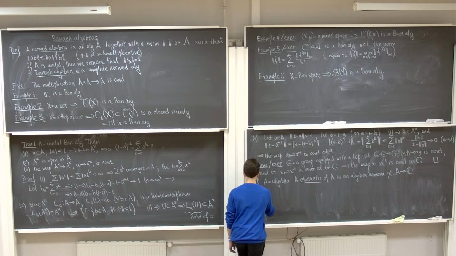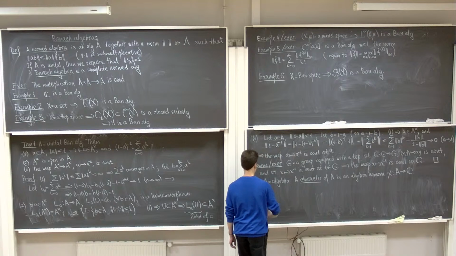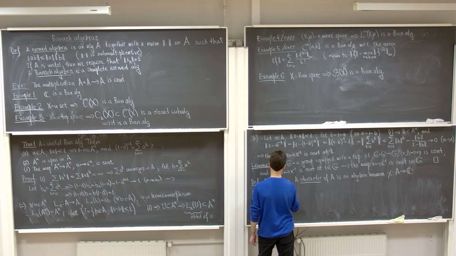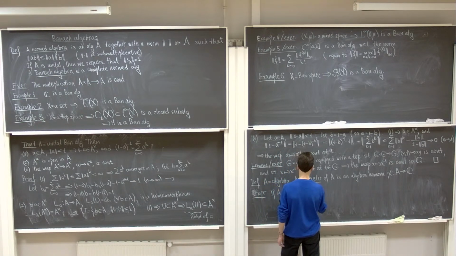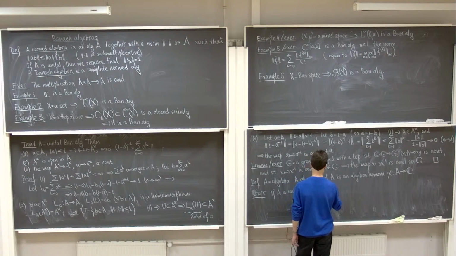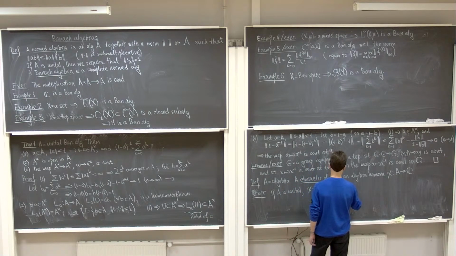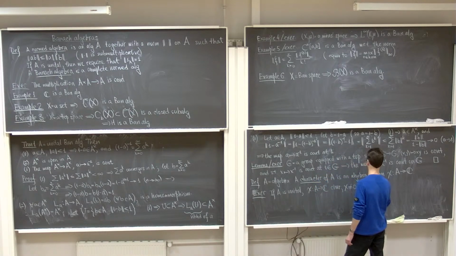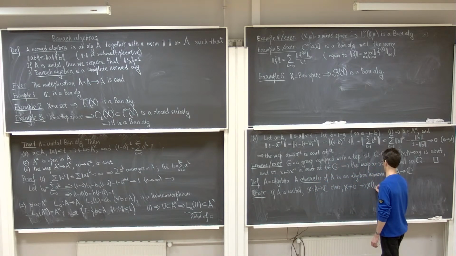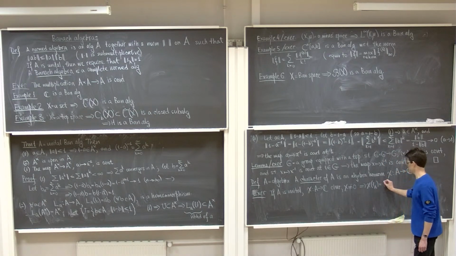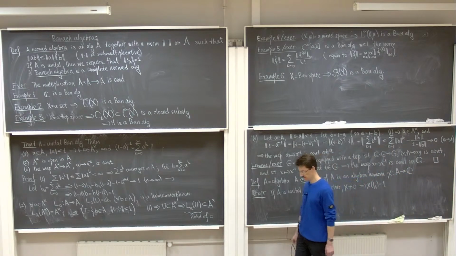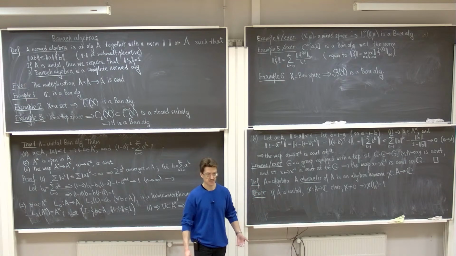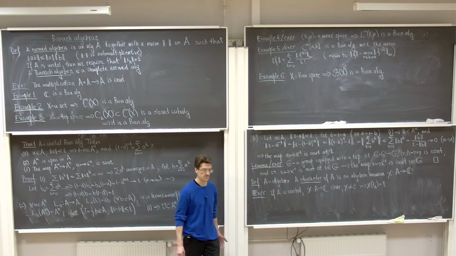And let's observe, it's a simple exercise again, that if A is unital, and chi is a non-zero character, then it is unital. Well, actually, this is not an exercise, it's a simple observation, because if chi is non-zero, then it is surjective, because it's a linear functional.